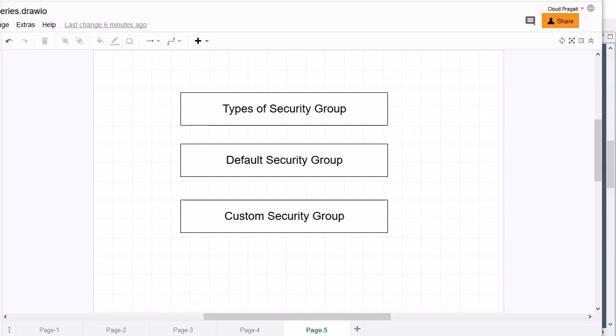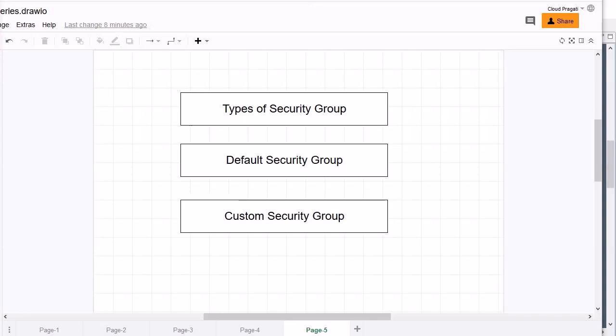You must remember that whenever we create an EC2 instance, we need to provide configuration details, and we get an option to choose the security group. If you don't provide a security group at the time of creation, it will automatically pick the default security group for your EC2 instance.